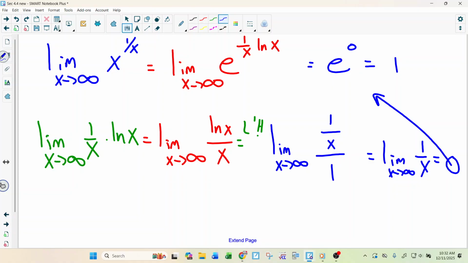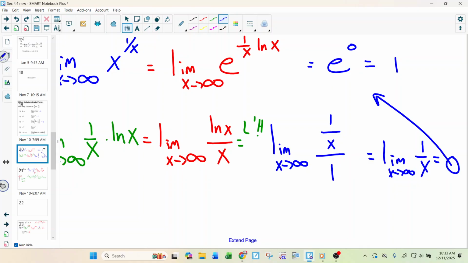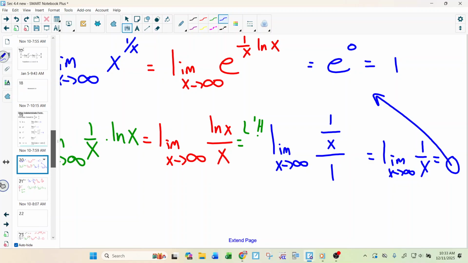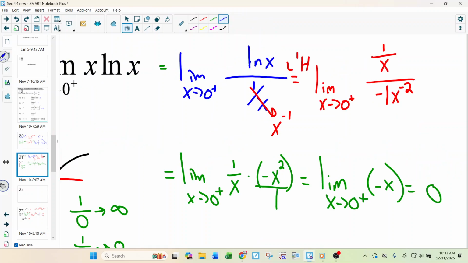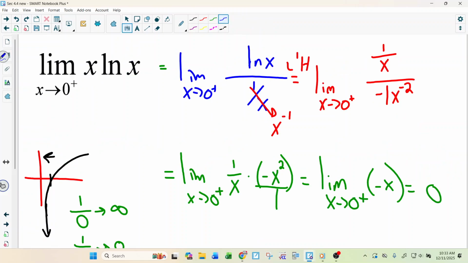Flip it over to the back. Number 3, you have x to the square root of x. That one, you're going to have to write it as e to the natural log, right? So the one on the front is kind of like this. You just have to rewrite it and then solve it to get it in the right form.